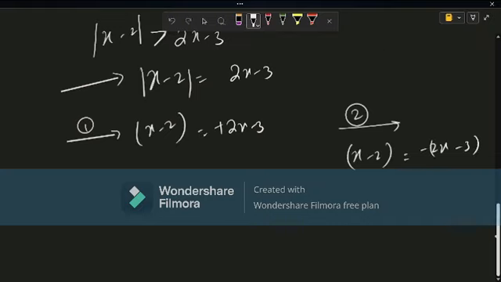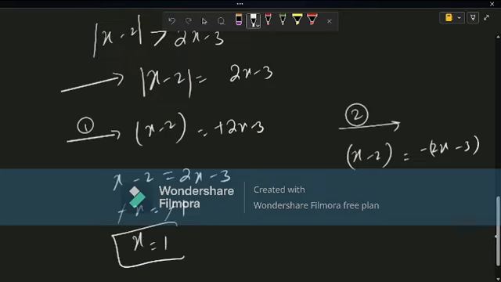Let's solve it. x − 2 equals 2x − 3, and that gives you −x equals −1, because 2 is shifted over here. Minus minus cancel and x equals 1. This is my first answer.